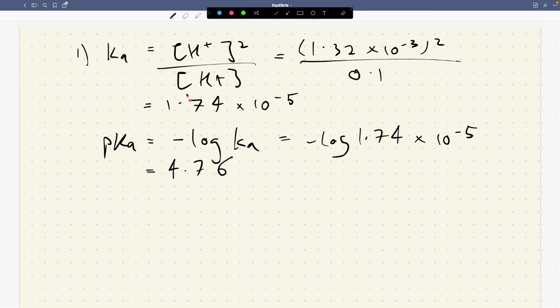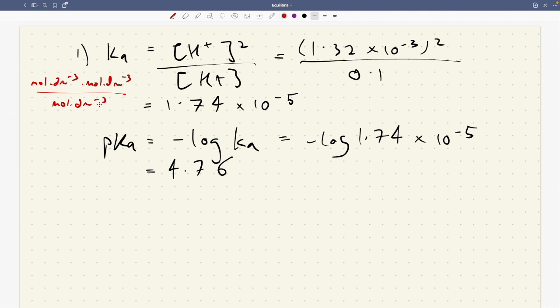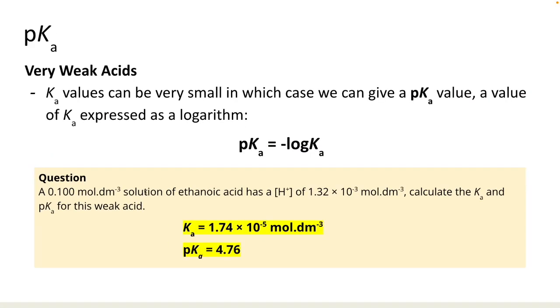If we have a look up here, we have moles per decimeter cubed, and then we've got that squared, so times by moles per decimeter cubed, and then we're dividing that by concentration, moles per decimeter cubed. They're going to cancel out, and in this instance, we're going to end up with moles per decimeter cubed as the units for that Ka value. So don't forget those, as I did just before.